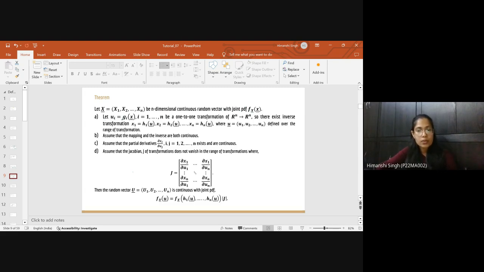Let ui equal gi of x. We are considering this to be a 1-1 transformation.